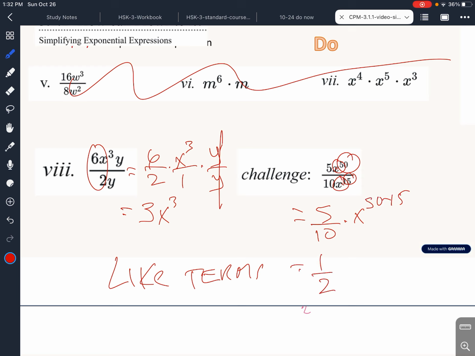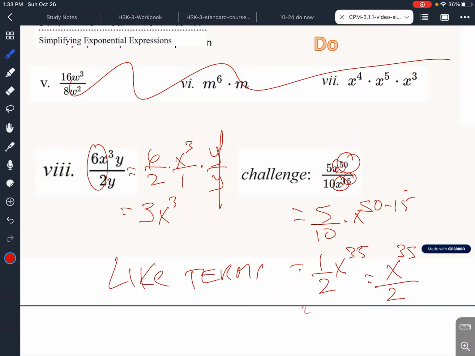That's 1/2 x. Let me write that. 50 minus 15, which is 35. Now you may also see that written as, because 1/2 is the same as dividing by 2, to 35.